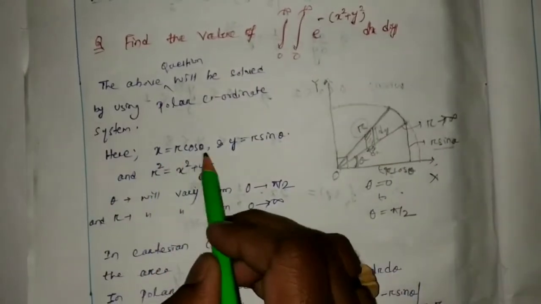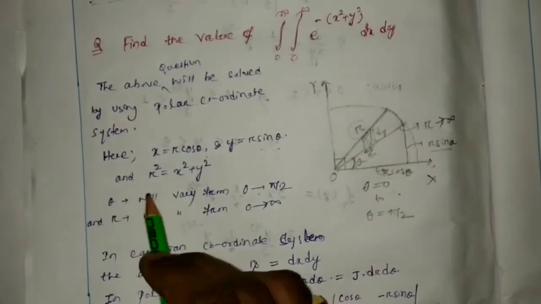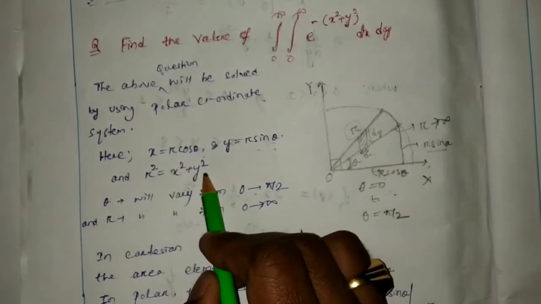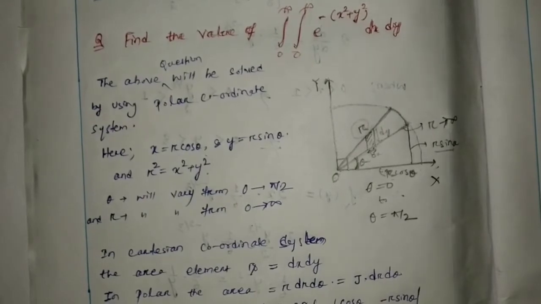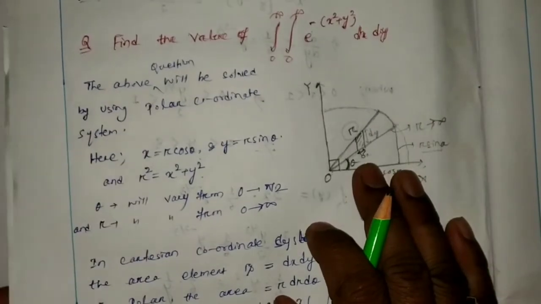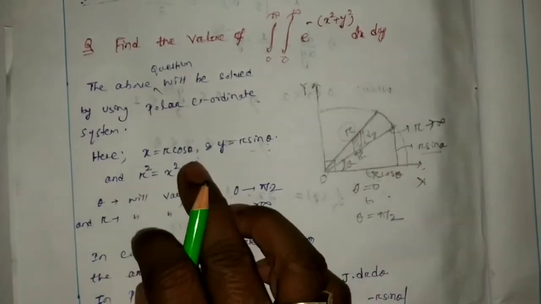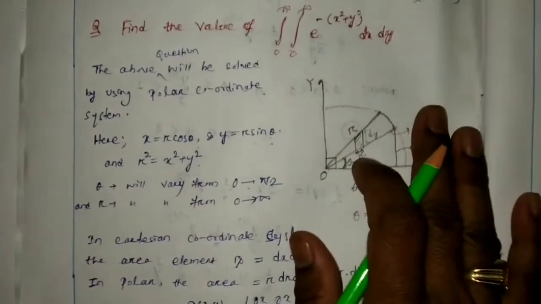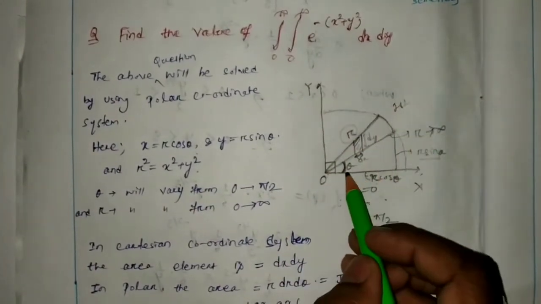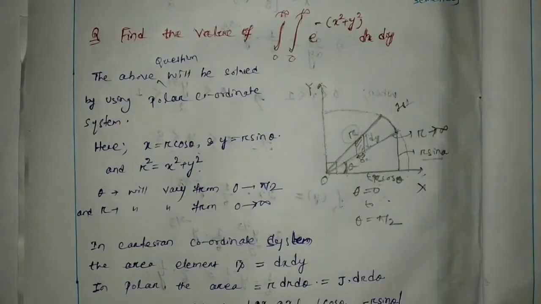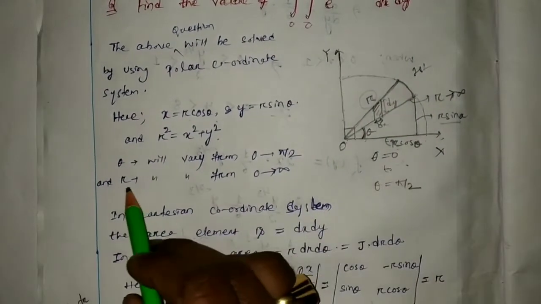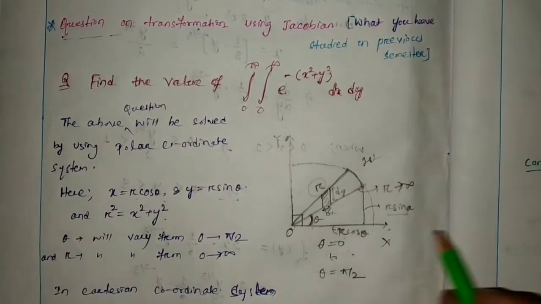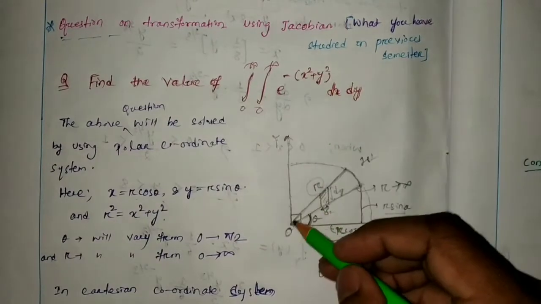So x equal to r cos theta, y equal to r sin theta, and r square obviously, x square plus y square means r square cos square theta plus r square sin square theta. So obviously it will be r square, because sin square theta plus cos square theta will be 1. Now here, as it is in the first quadrant, theta will vary from 0 to pi by 2, right? And r will vary from 0 to infinity, because x varies from 0 to infinity and y also 0 to infinity.